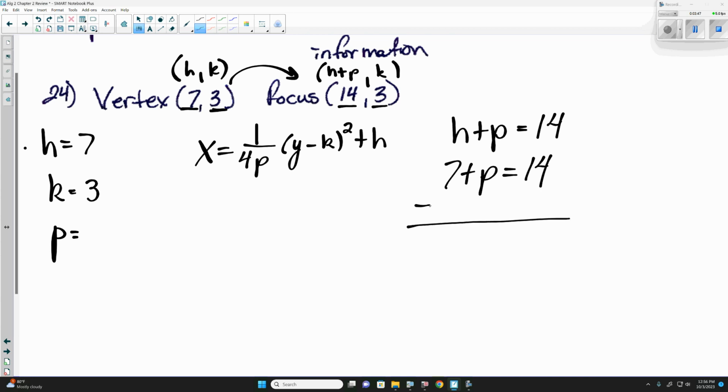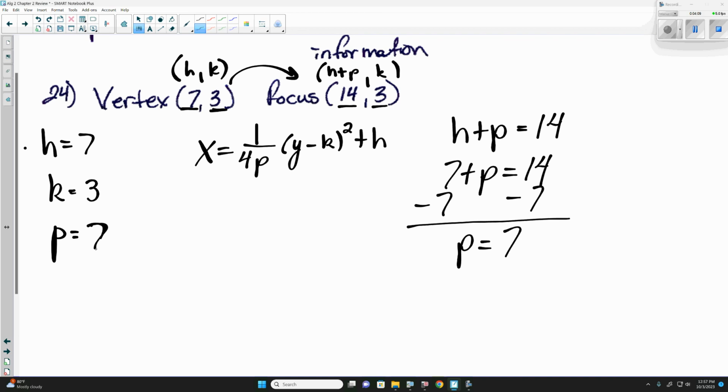Or if we did the next step, we would subtract 7 from both sides. 14 minus 7 is 7. It's not always going to work out that h and p or k and p are going to be the same. I think a few of the problems on the review sheet had just worked out that way.